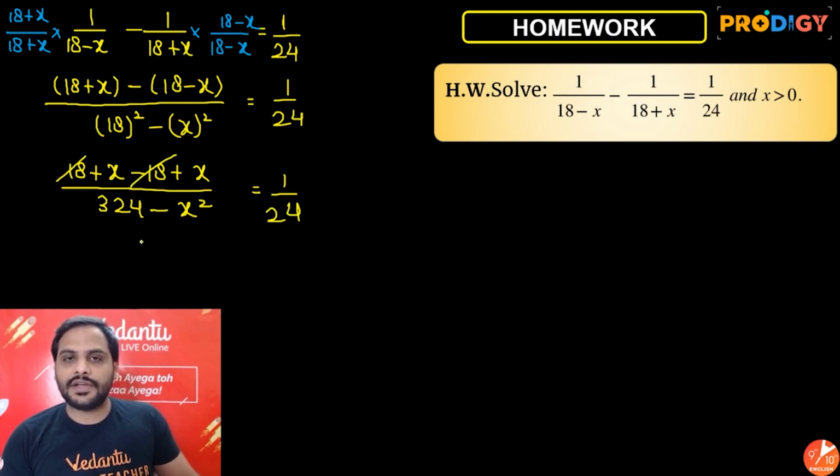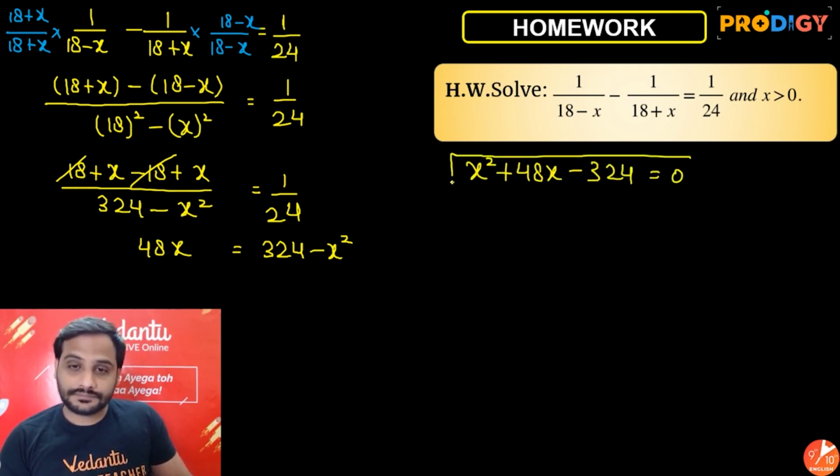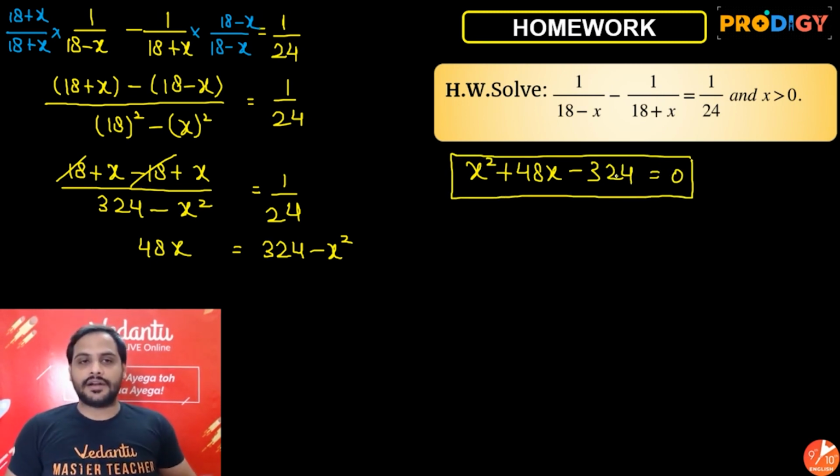Cross multiply: 2x into 24 will be 48x, and here 324 minus x square. Shift everything to that side. We have got x square plus 48x minus 324 is equal to 0. So guys, this will be my quadratic equation.